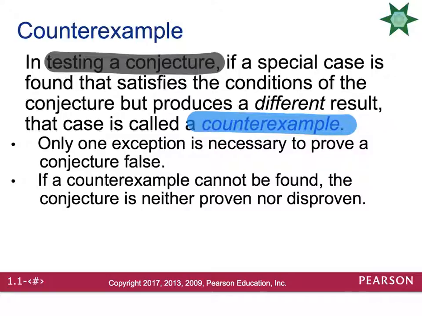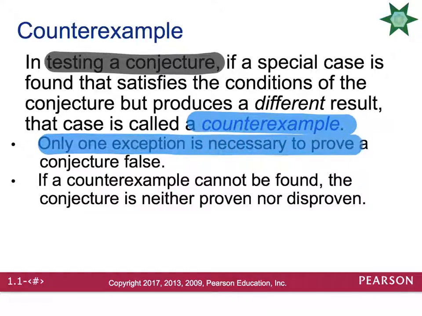In other words, let's say I put in 7 with that previous procedure and I didn't get 14, I got 13. Then we can say, well, that thing doesn't always double the number, right? Because we found an exception. So we call that a counterexample, and that's an exception to the rule. And only one exception is necessary to prove the conjecture false. So just one there, okay?